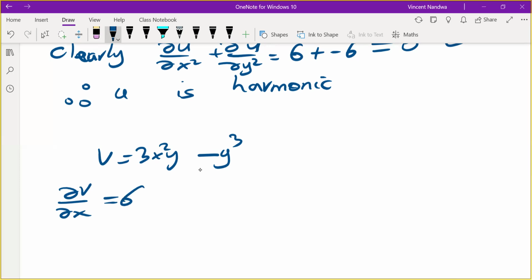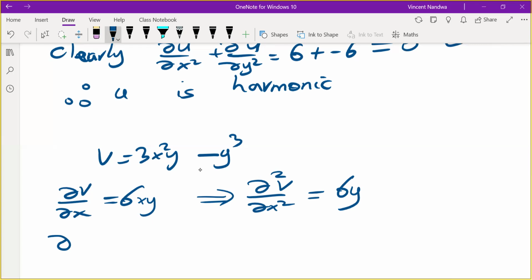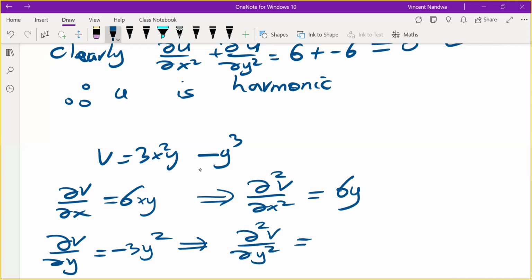6xy. So which means the second partial of v with respect to x is 6y. And then partial v partial y is minus 3y squared. So which means the second partial derivative with respect to y will be minus 6y, correct.